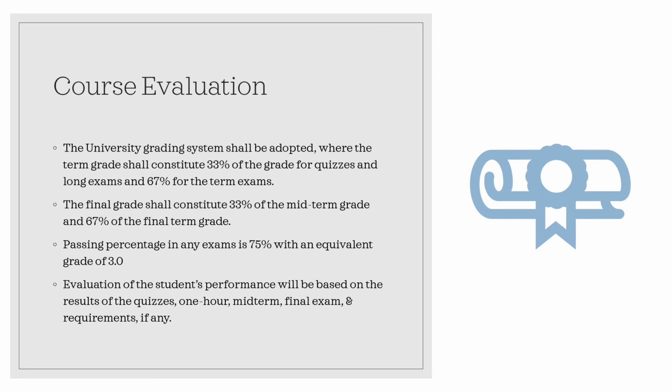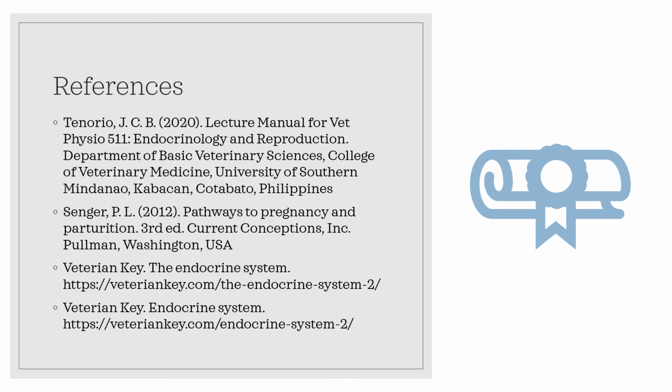For the classroom policies, kindly refer to our course syllabus, which will be uploaded in our official VLE. These are the major references that we are going to use in this course.